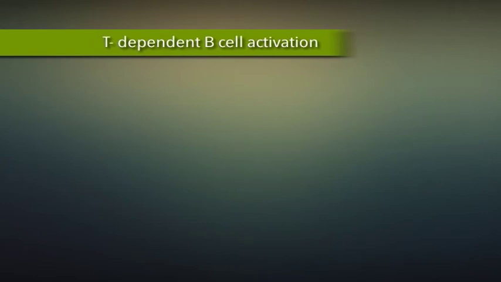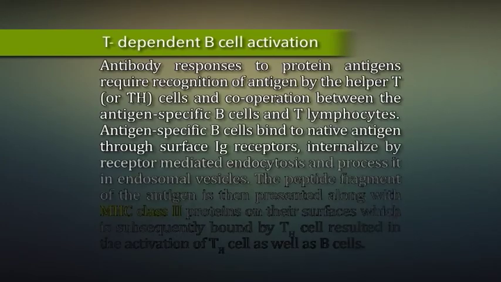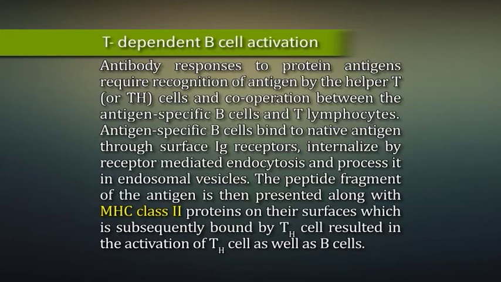T-dependent B cell activation. Antibody responses to protein antigens require recognition of antigen by the helper T cells or T cells and cooperation between the antigen-specific B cells and T lymphocytes. Antigen-specific B cells bind to native antigen through surface Ig receptors, internalize it by receptor-mediated endocytosis, and process it in endosomal vesicles.